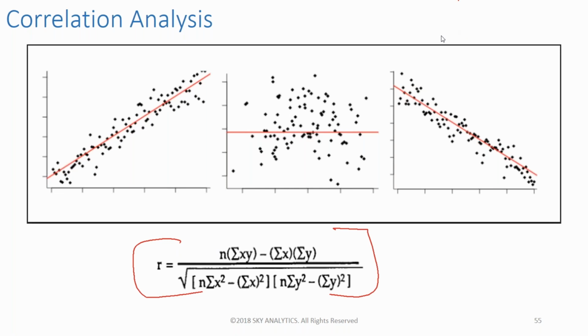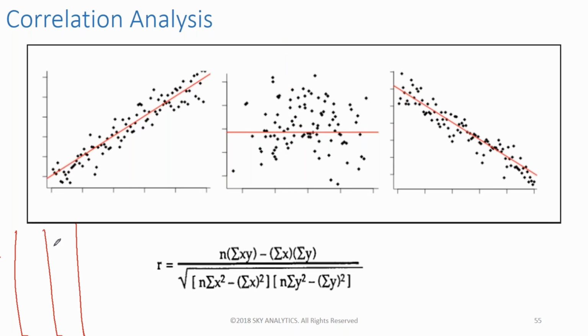Let me take an example to explain this. Consider that you have two columns like this. This is X, this is Y. For example, I'm writing X as 2, 3, 4 and Y as 1, 1, 2. So N is 3, because you only have 3 records.